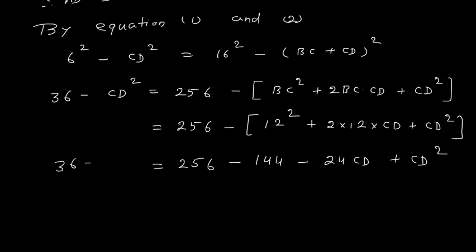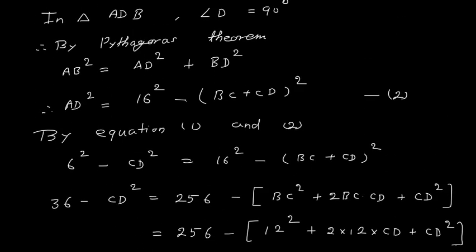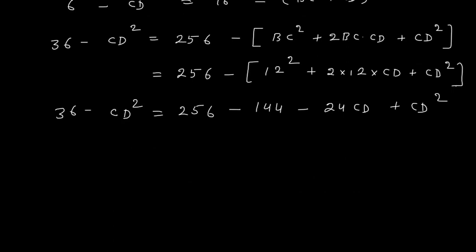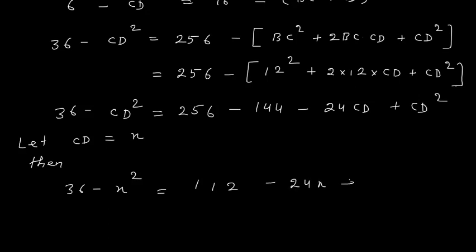At this stage, let us consider CD as x, because otherwise it will be difficult to frame an equation. So if I take CD as x, then we have 36 minus x square is equal to 256 minus 144, which is 112, minus 24x plus x square.